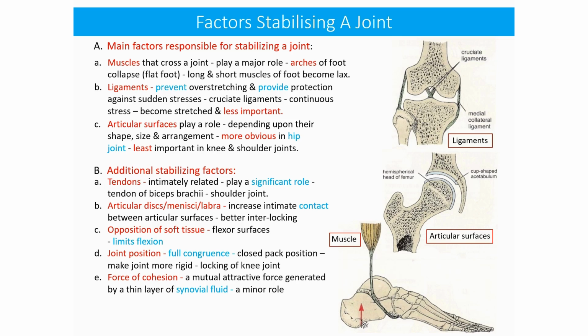A mutual attractive force generated by a thin layer of synovial fluid may play a minor role in the stability of a synovial joint. Similarly, atmospheric pressure may play a minor role in the stability of a synovial joint.